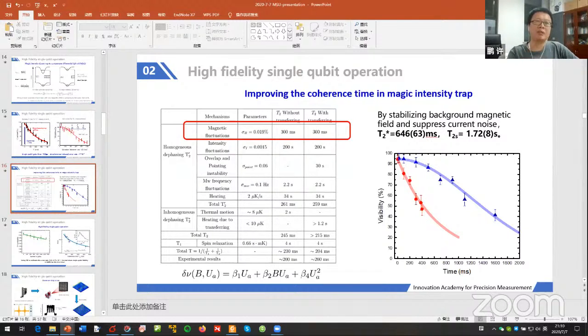But in the later stage, when people use Raman sideband cooling to cool all the atoms down to the ground state, then it's okay. But right now, we still need to find some balance between the addressability and the crosstalk. When the addressing laser is too small, it will decrease the operation fidelity.